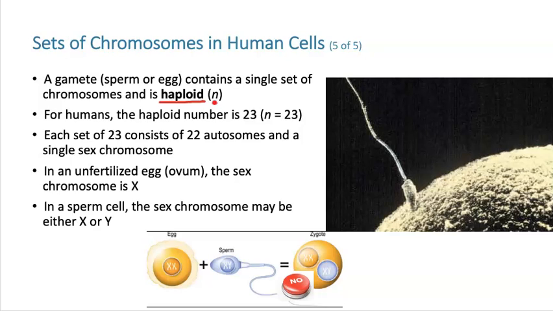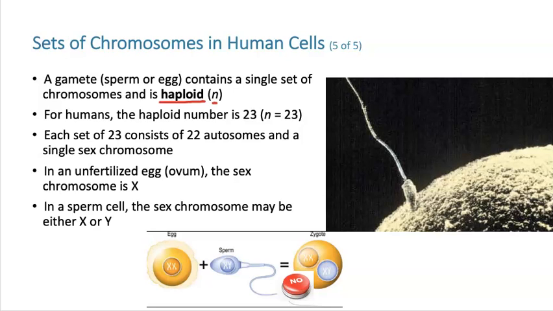Remember when we looked at the karyotype, and we saw that each set of chromosomes was made up of 23 pairs? Well, now we have each consisting of exactly 23 chromosomes. Remember that 22 of those were autosomes, and you also have to have a single sex chromosome in there.